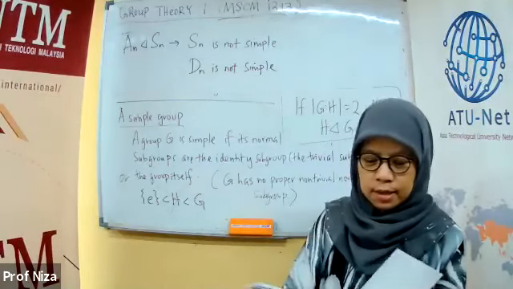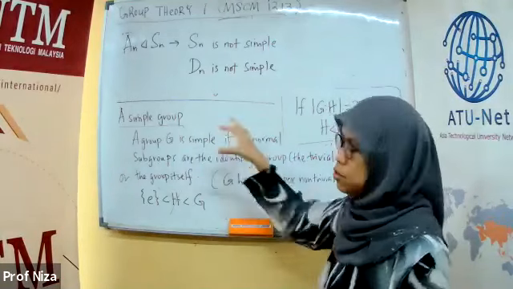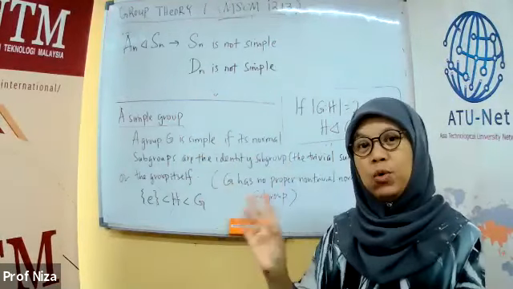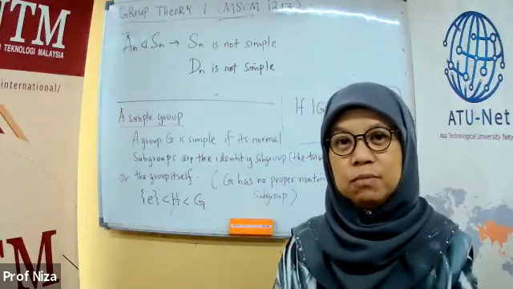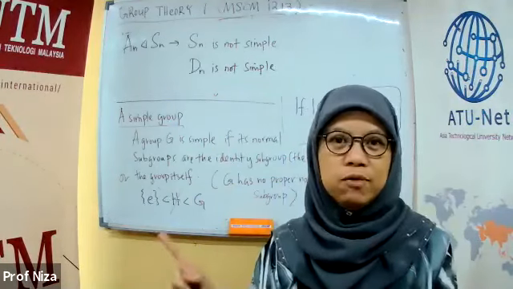Okay, all right, so then we come to the factor group. We need to have a normal subgroup before we can go to a factor group. If you don't have a normal subgroup, you won't talk about the factor group.